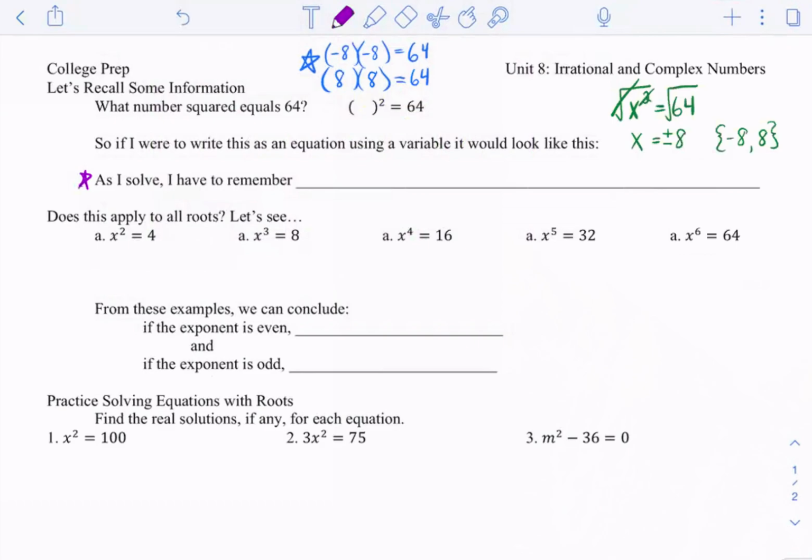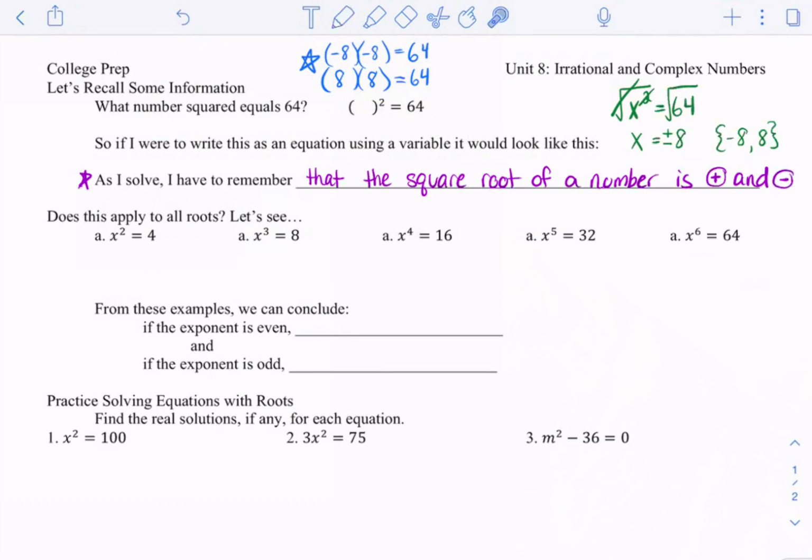As I solve this, I have to remember that the square root of a number is positive and negative. So we have to remember that.